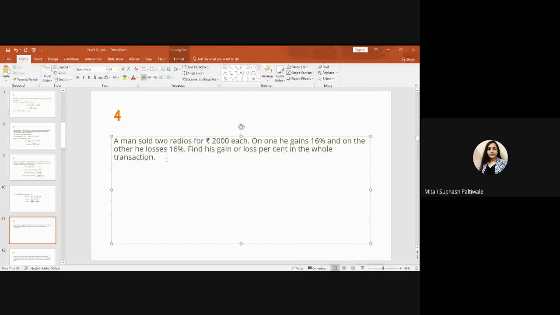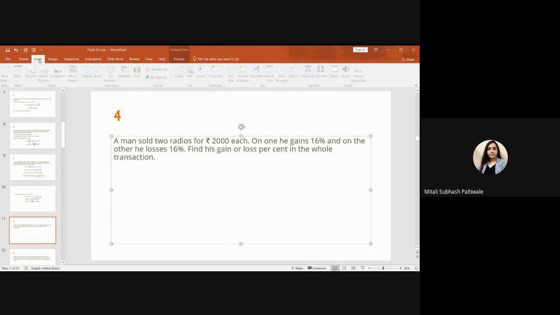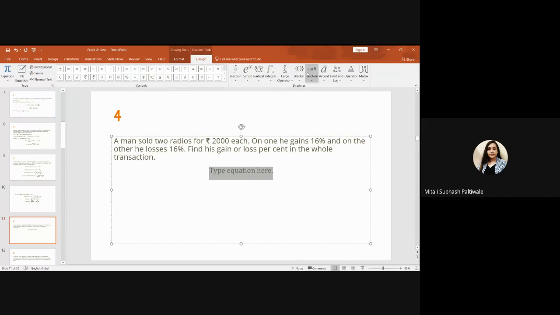Remember one thing: when there is a loss on one and a gain on the other, the transaction would always be based on the loss. There won't be any profit, because even after gaining something, he is losing the same percentage. That means he is neither gaining nor losing. So for that reason, this would be a loss.